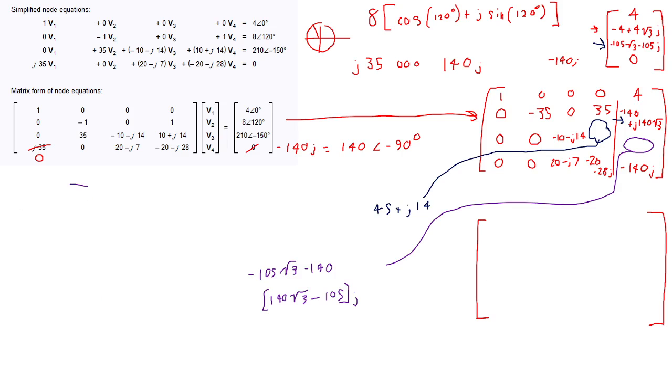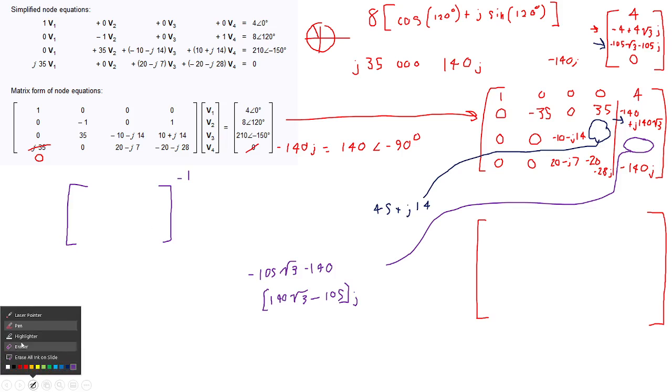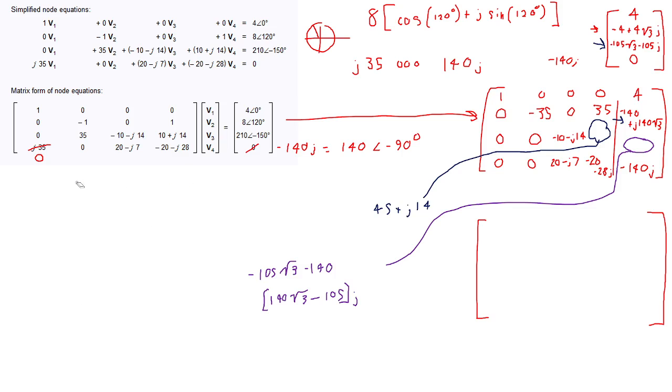Okay, so if we're not going to use MATLAB now, we're going to invert a 2 by 2 matrix. And I should have just given myself as much space as possible. So we're going to invert a 2 by 2 matrix. So our 2 by 2 matrix has the value negative 10 minus J14.